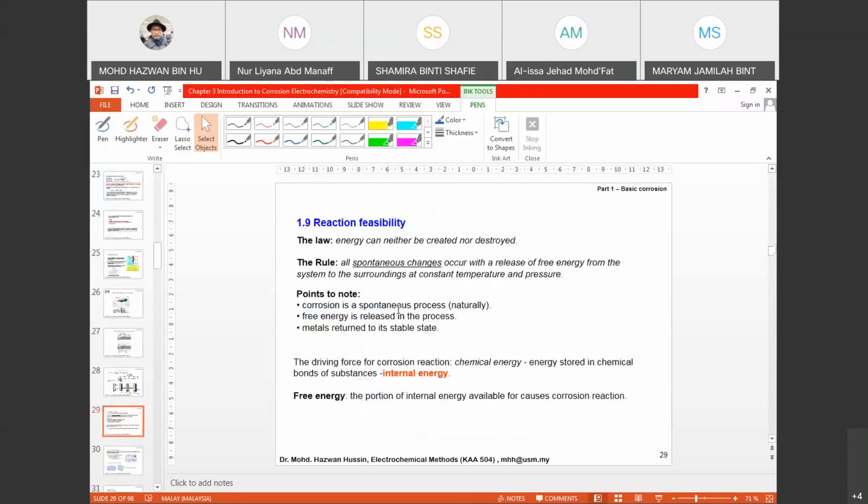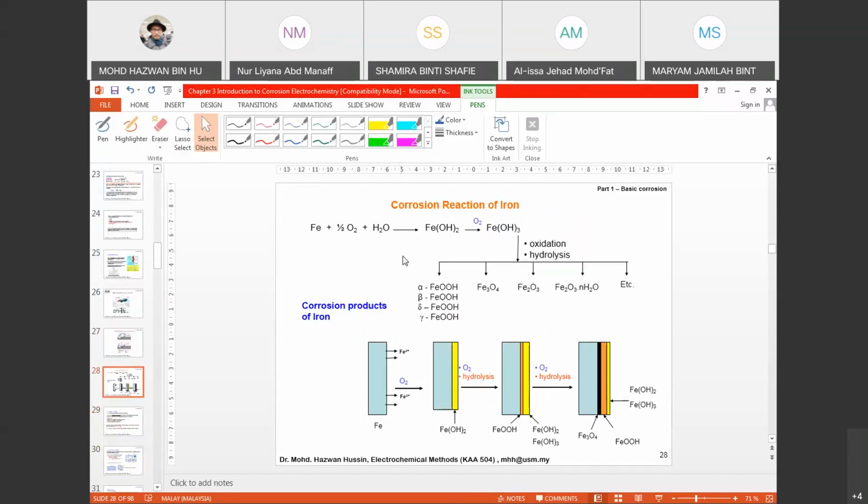This is to show you the corrosion reaction of iron. Initially, we know that iron can react with oxygen and water to form the first product, which is known as ferrous hydroxide. Maybe I can write this as green rust.